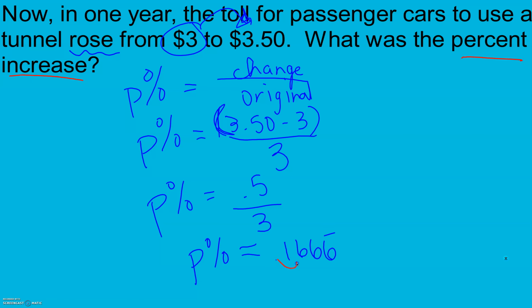So I move it 2 decimal places or multiply by 100. I get 16.66 repeating. We round up because 6 is bigger than 5. And so it's about 17%. And that is an increase because it went up.